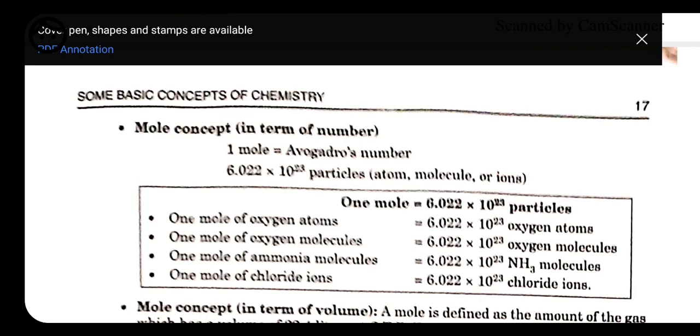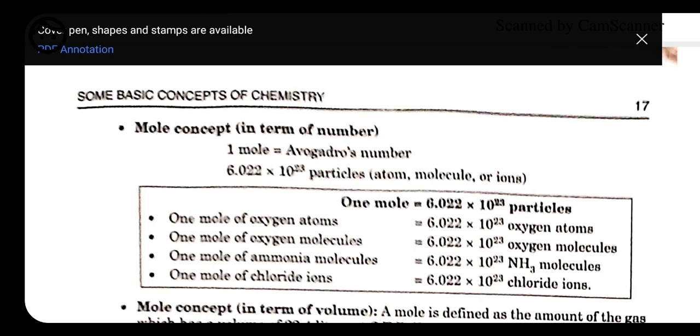Again, for ammonia, the formula is NH3. 1 mole of ammonia contains 6.022 × 10^23 particles. But if we need to calculate separately for the atoms present in ammonia, 1 atom of nitrogen and 3 atoms of hydrogen, then we have to multiply 6.022 × 10^23 by 4, because 4 atoms are present. Then we get each one separately.